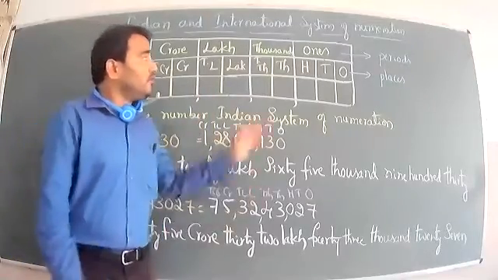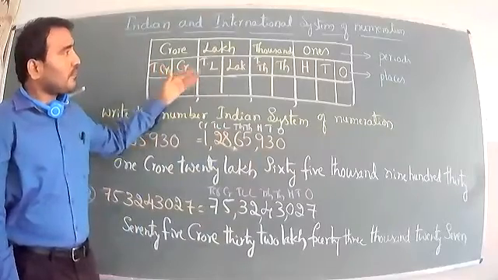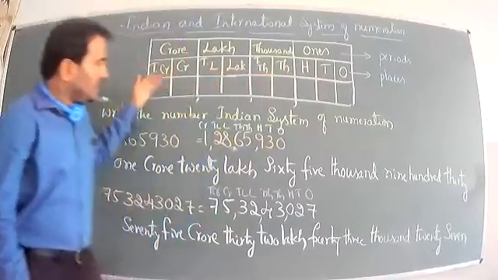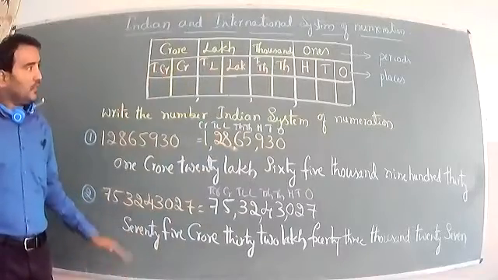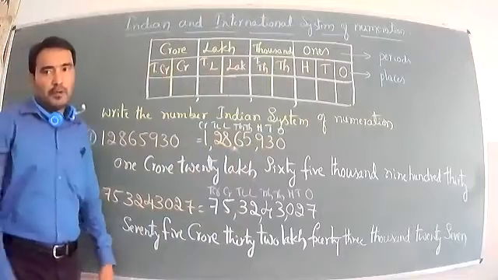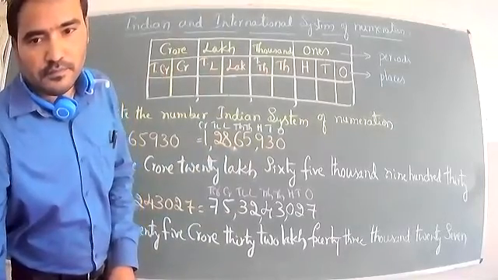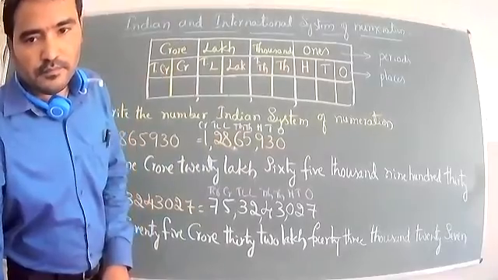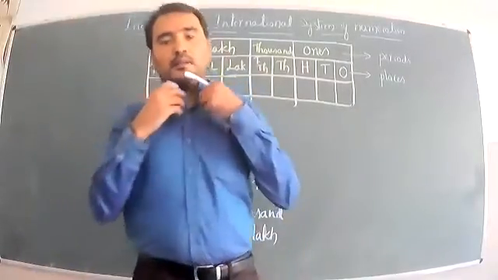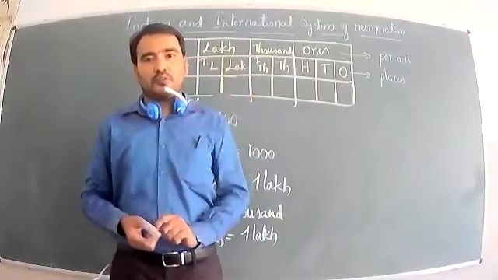Okay, so now this concept we have to learn. So it is the Indian system of numeration. Now go for the international system of numeration. Before going to the international system, just learn some concepts.